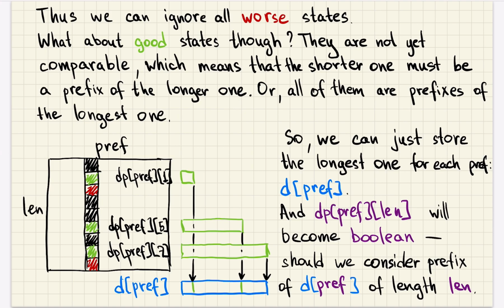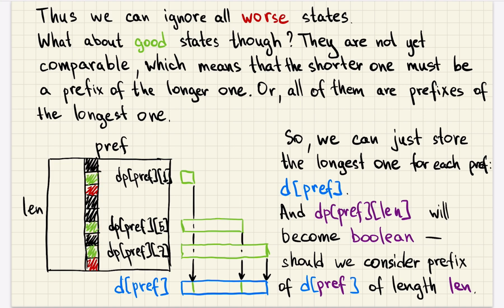So instead of storing a string for every reachable state, first we said that we do not want to store anything at all for the states from which we cannot reach the end. Then we said that we will also ignore states that are strictly worse than some other states we have. And for all good states, we can just store this one string and the set of lengths that are good.